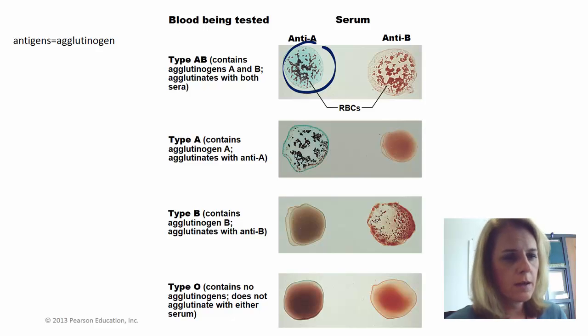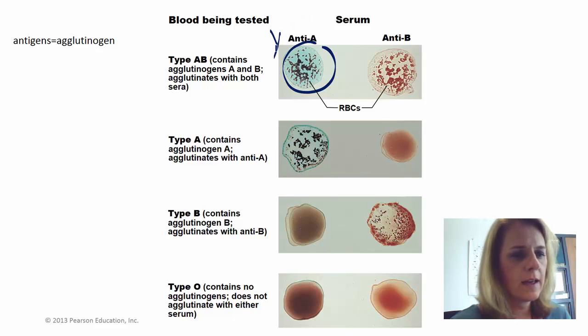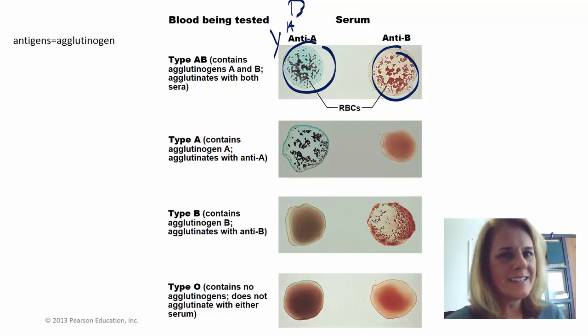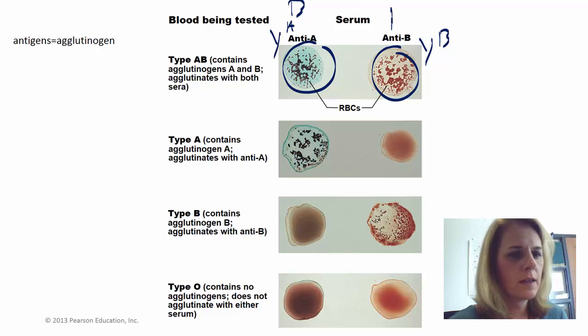Anti-A serum means it's got the anti-A antibodies, so that's from somebody with B blood, okay? In this well, we have anti-B antibodies, okay? So these are going to attack the B antigen. That means it's coming from someone with A blood, all right?